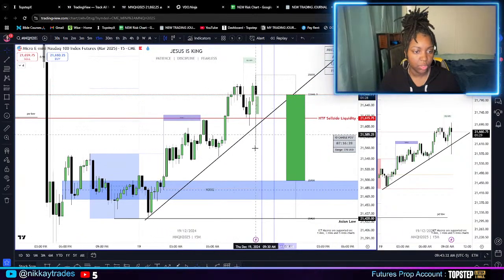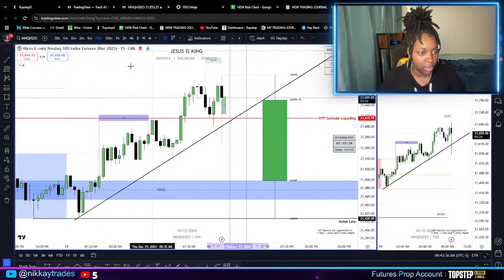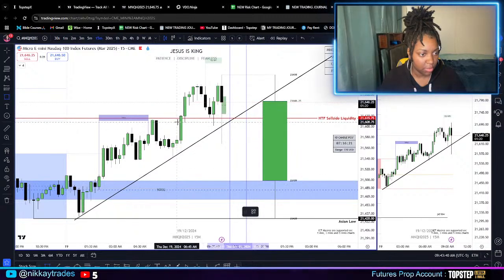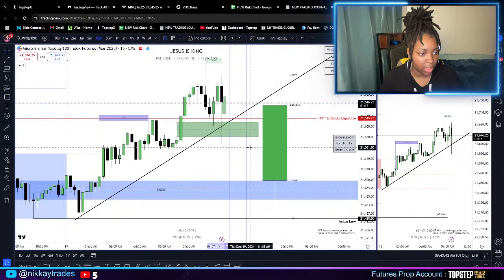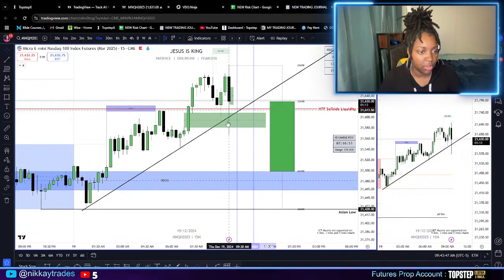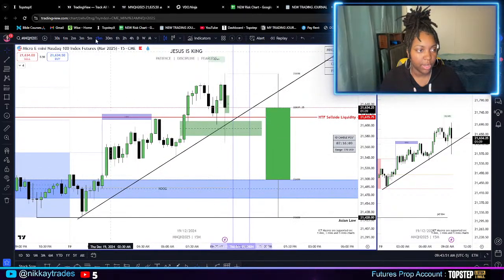So now it attempted to break out of it, but it didn't quite do it. It's actually a 15-minute fair value gap right there that it literally just tapped into. So it can either keep dropping down and invert it to push lower, or it can invert it higher.